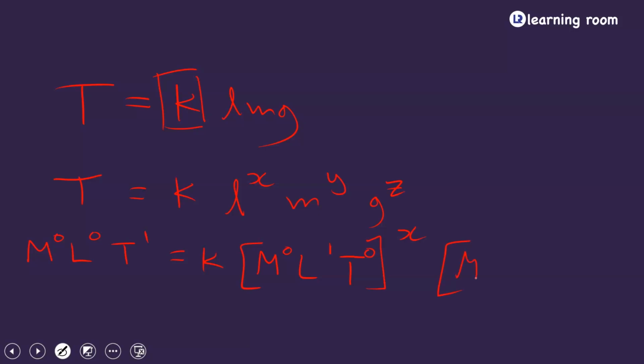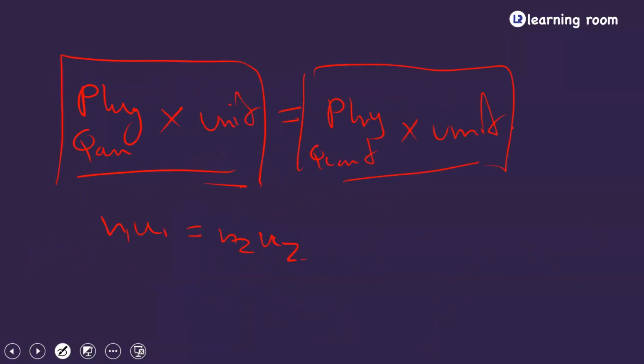Now what is going to be our M? For the second one it's mass, no? M will be 1, L will be 0, T will be 0, raised to y. Now into G. What is our G? It is acceleration. So what is our acceleration? Velocity by time. Velocity, we have done this before.